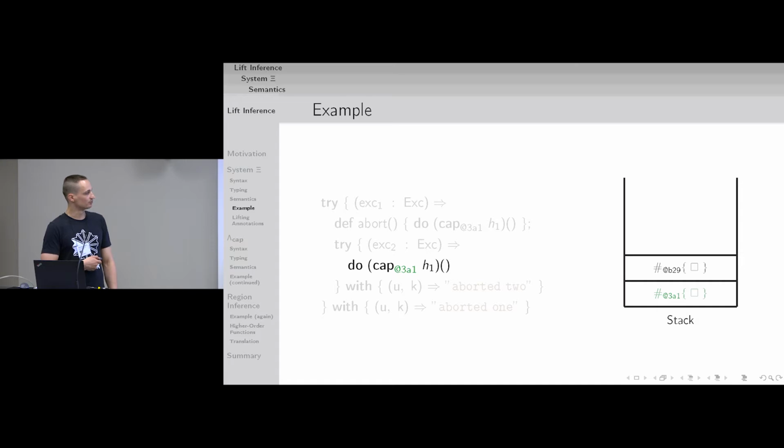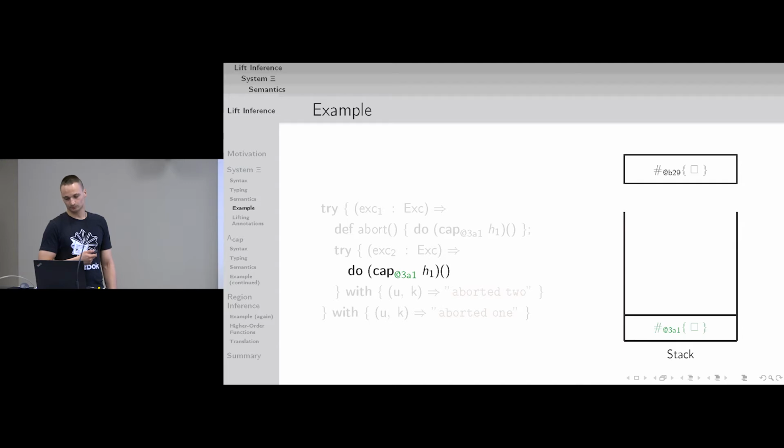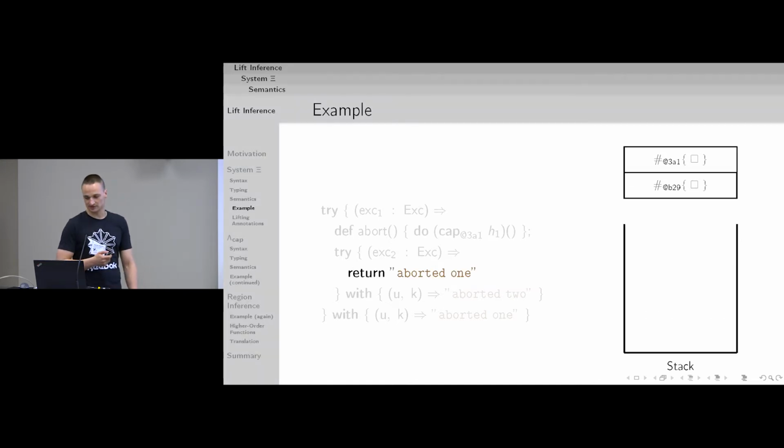Now we perform the capability, which you can see corresponds to this label. So we have to jump over this prompt here, and what we do is unwind the stack. Now we are at the correct handler, so we can just use the handler statement, which in this case discards the continuation and simply returns aborted 1.